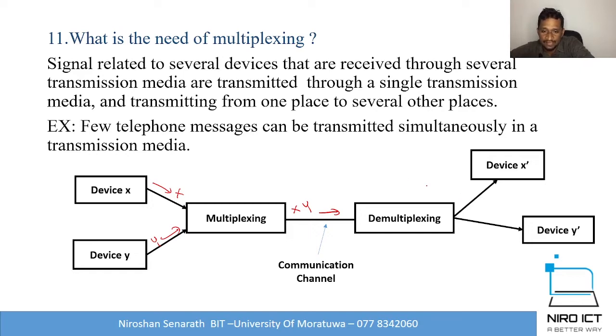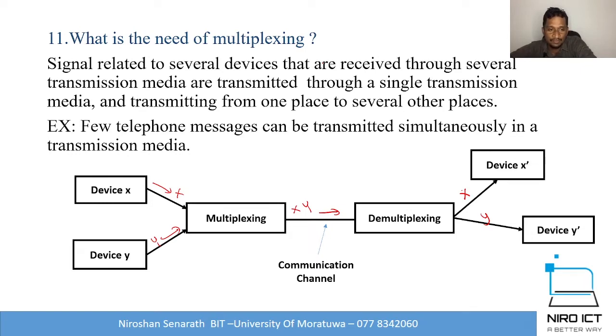Then X signals are sent to the device called X dash, and Y signals are sent to the device called Y dash. So the signals related to several devices that are received through several transmission media are transmitted through a single transmission media, from one place to several other places.